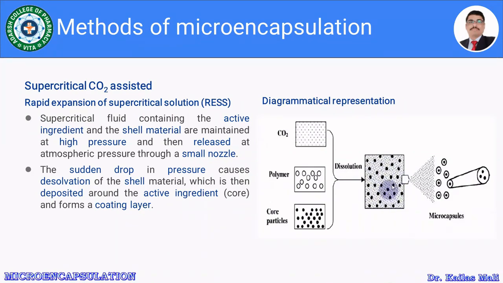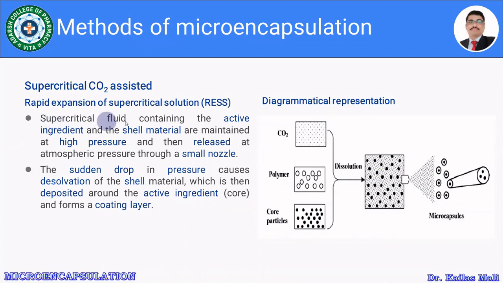When this system is passed through the nozzle into the atmospheric air, there is formation of microcapsules. In this way, we get microcapsules or microparticles by using the rapid expansion of a supercritical solution, that is RESS.